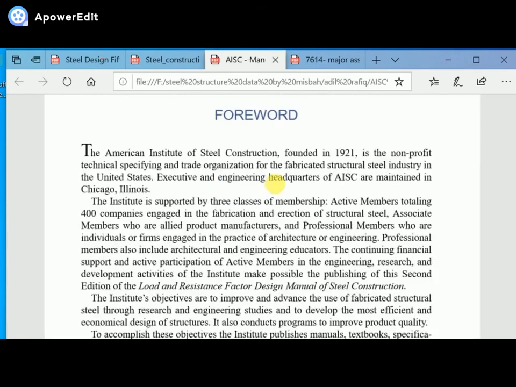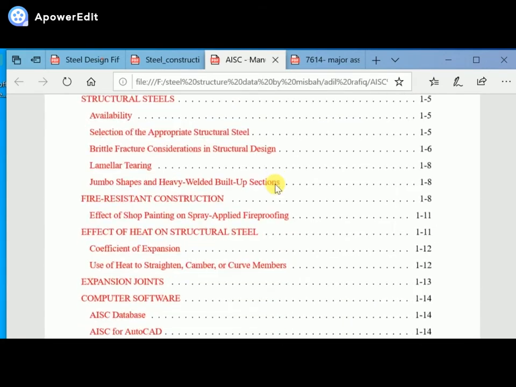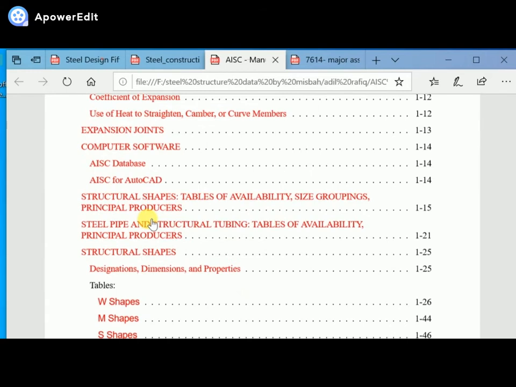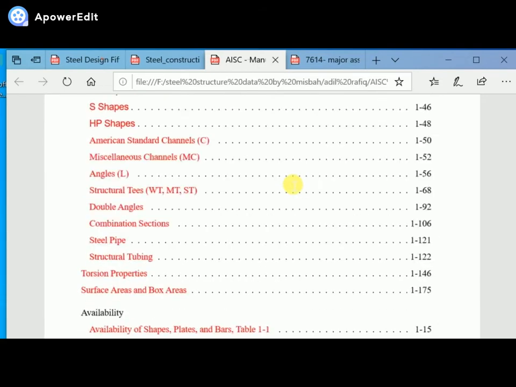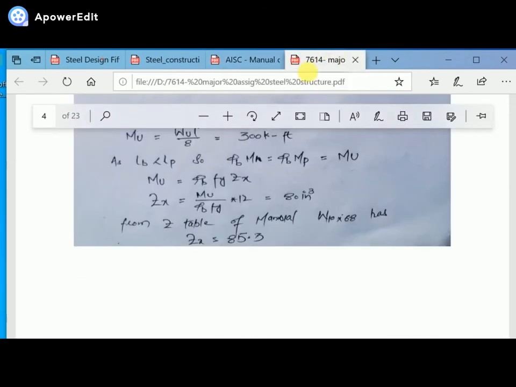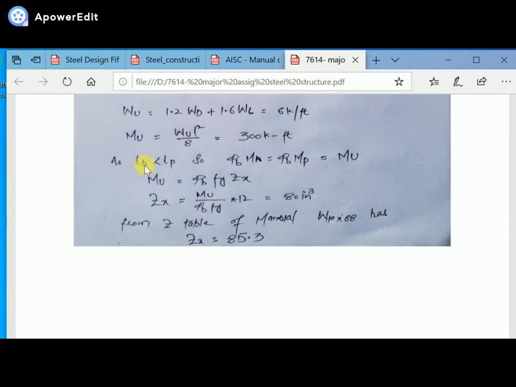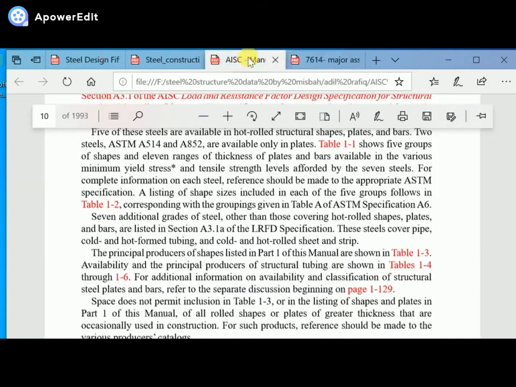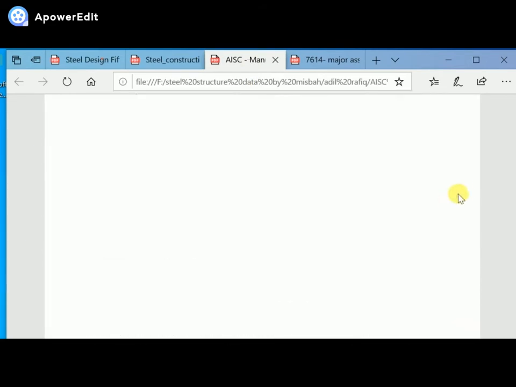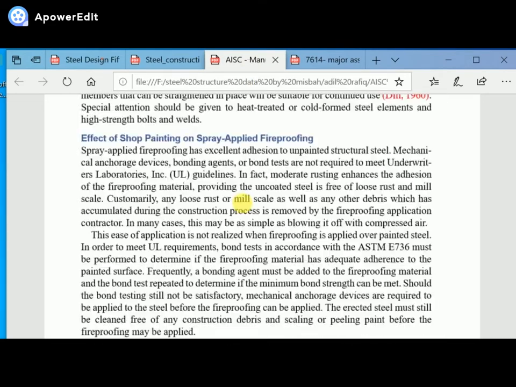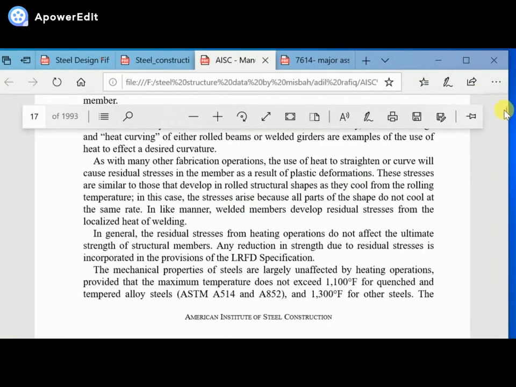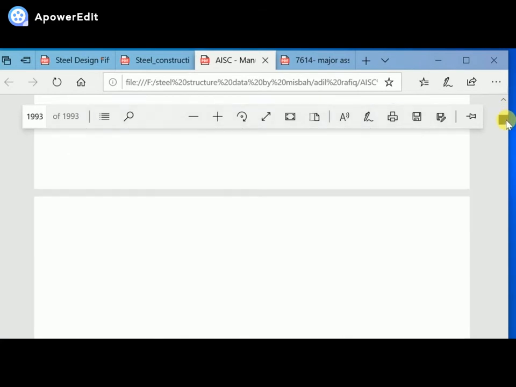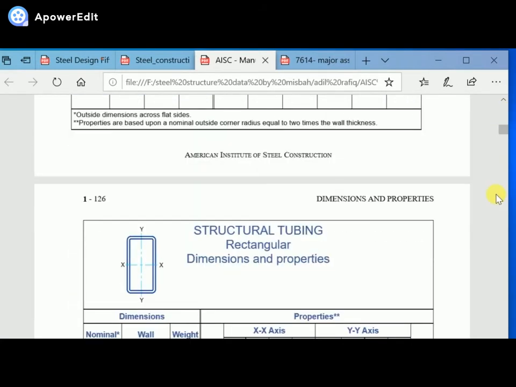We have different chapters, like you can see here. The first portion of this section is related to dimensions and properties, but basically I'm turning you towards the beam chapter. That is chapter number 4. Let me show you where you have your beam chapter, clear.